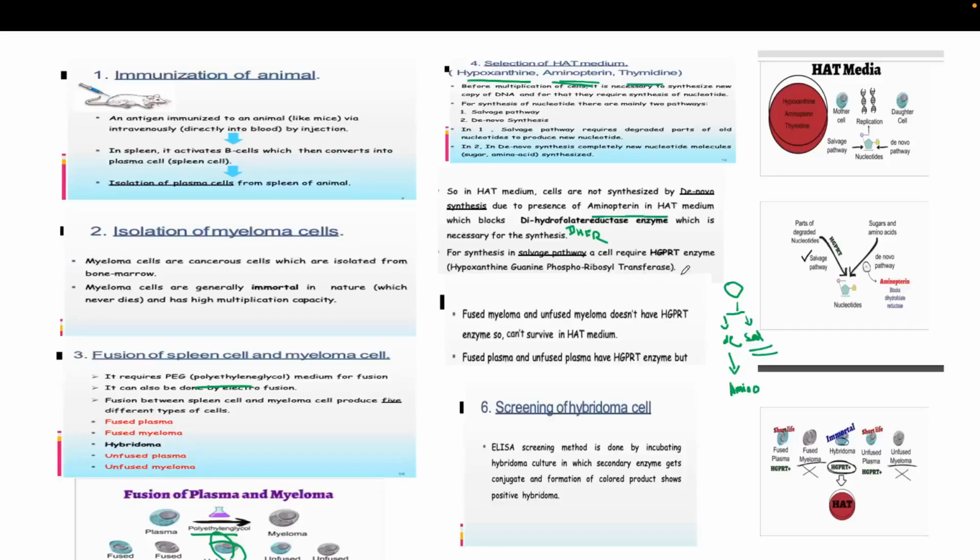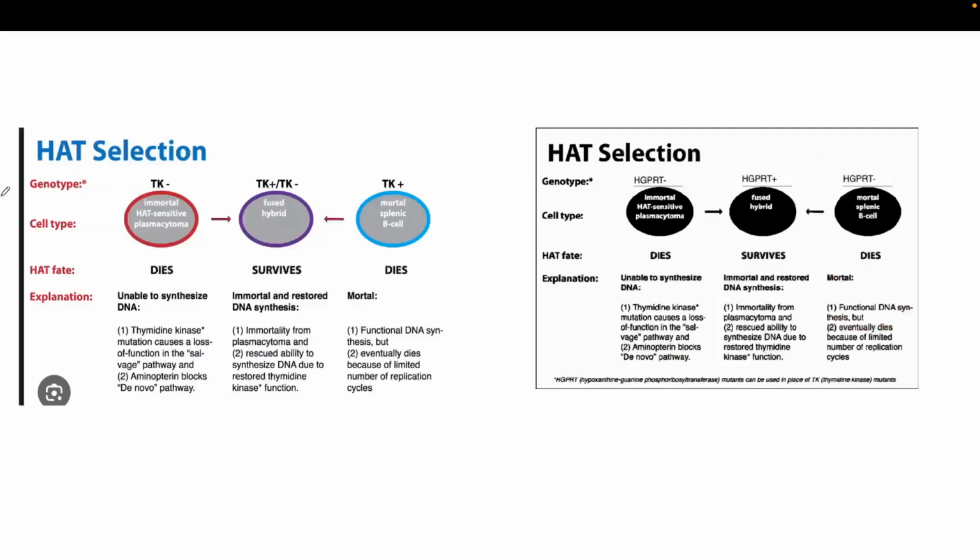This immortal cancerous cell is engineered in such a way that it does not have the HGPRT enzyme, whereas the antibody producing B cell is positive for HGPRT.